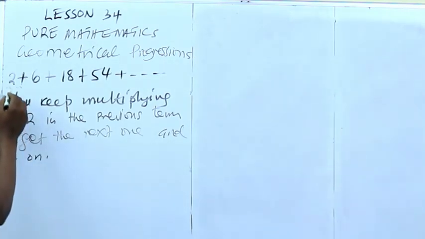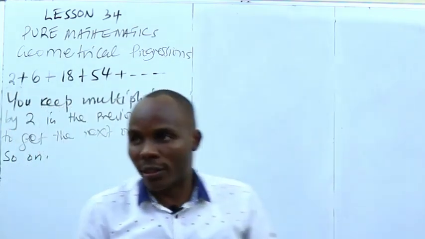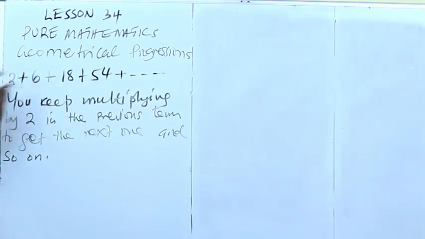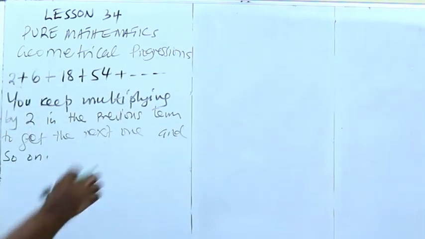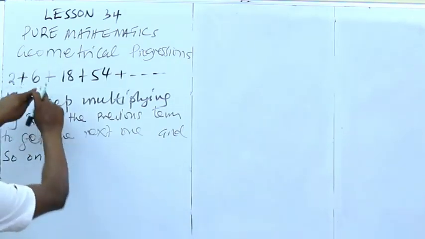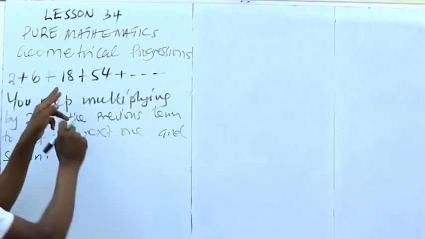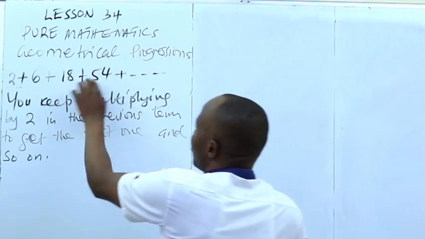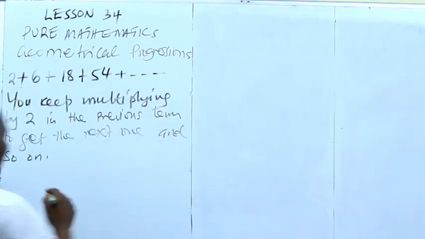For instance, from 2, which is our first term, the next one is a 6. So I've multiplied by a common number 3. Now that common number 3 is again multiplied by 6 to get 18. The same common number 3 is multiplied by 18 to get 54.